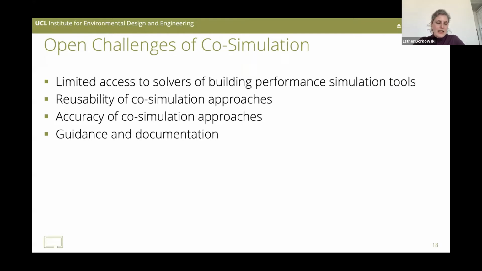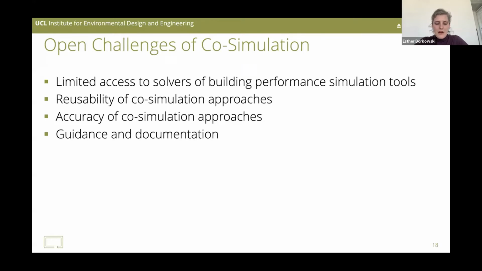This usually leads to customized solutions for the specific applications and tools used, which could make co-simulation more difficult to use in practice, but could also contribute to the limited awareness of the potential value of using co-simulation.